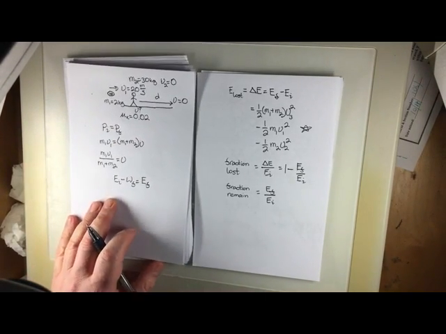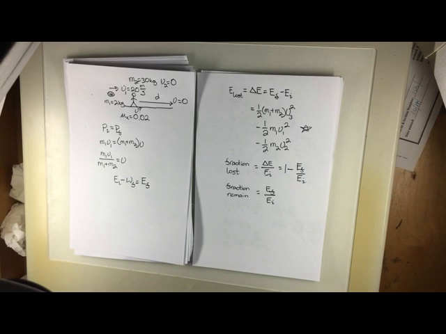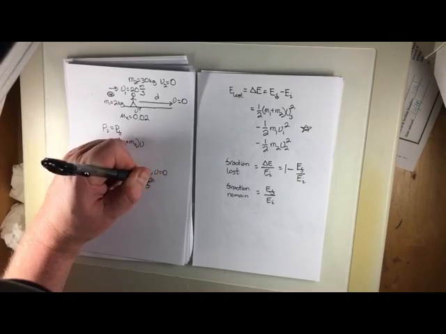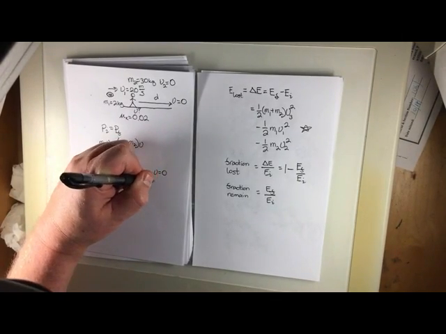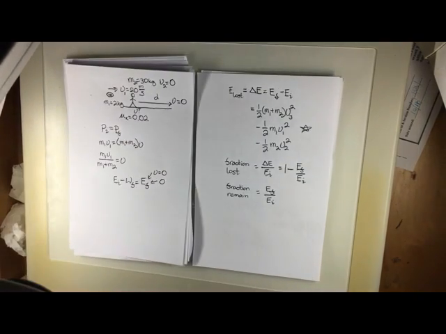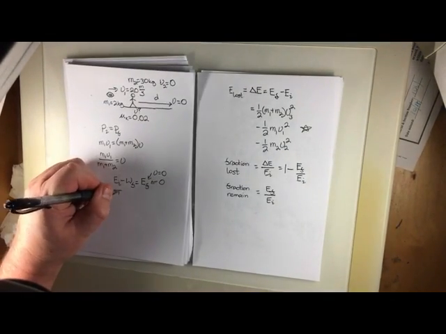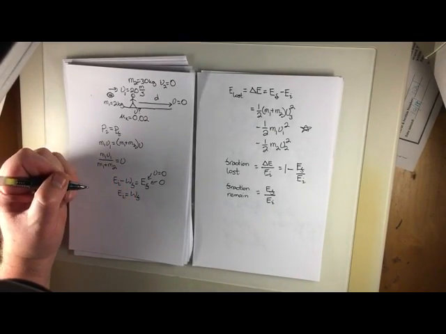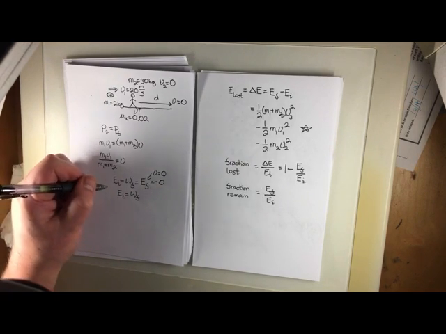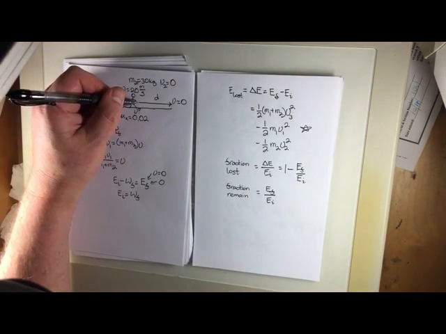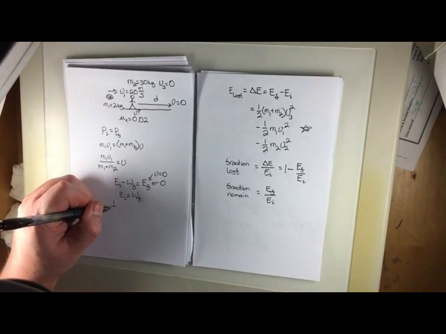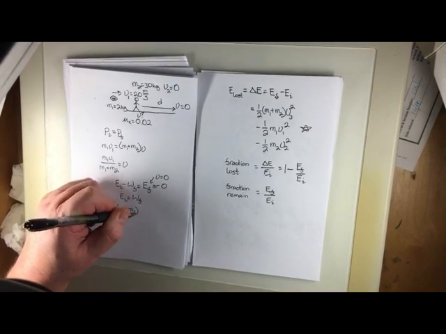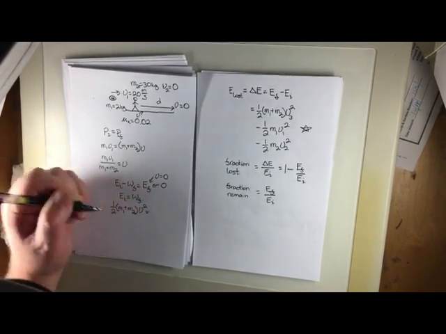Since there's no change in potential energy, I don't have to worry about that. But what I do know is that the final velocity is 0, so the final energy is 0. Rewriting this, E initial is equal to the work released through friction. Now, E initial is the kinetic energy immediately after impact. So 1/2 (m1 plus m2) v squared.